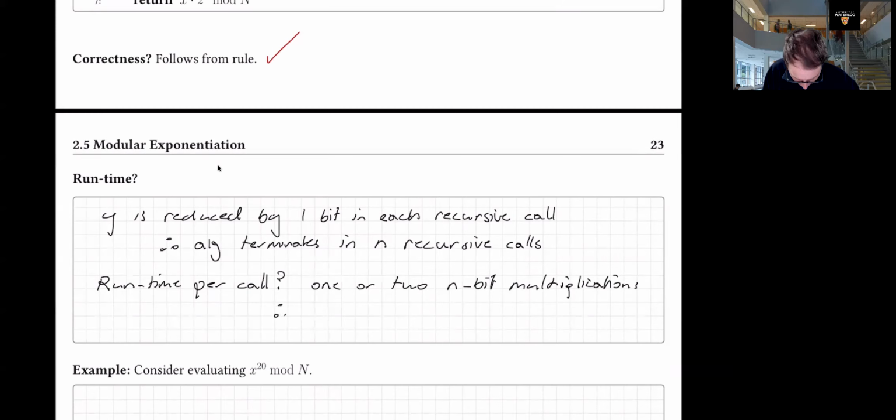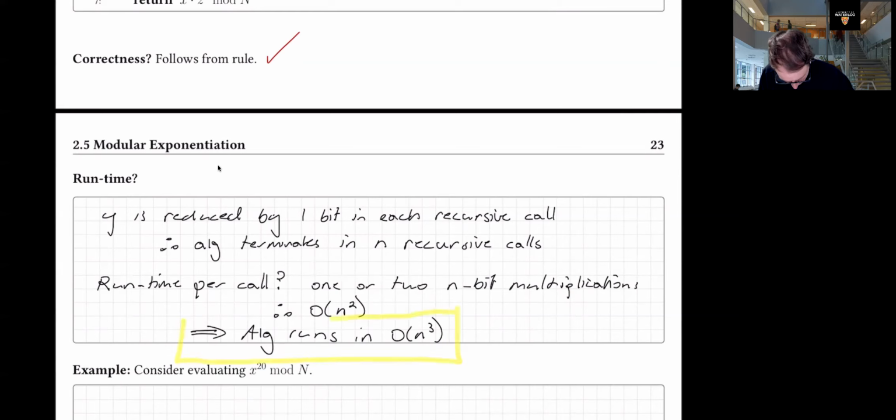And so the runtime per call is big O of n squared. And that means that the algorithm, since we have n recursive calls, each one being order n squared, it's n cubed. So the algorithm runs in n cubed time.